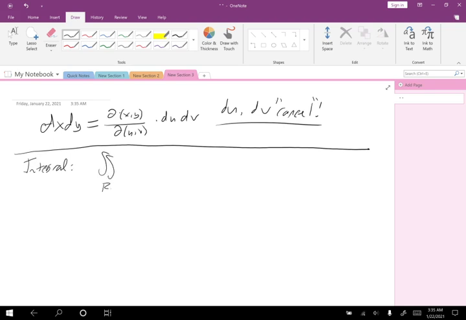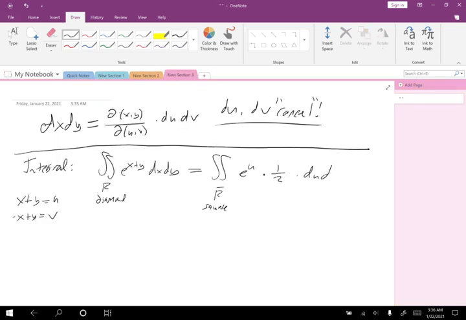So our integral over that diamond of e to the x plus y dx dy, now it's equal to the integral over the square of, well, our transformation, let me just write it down again. x plus y equals u, minus x plus y equals v. So it's e to the u. And now it's better because notice that there's no v dependence, so that's pretty good. And then our Jacobian was 1/2, so now we have a 1/2 times du dv.